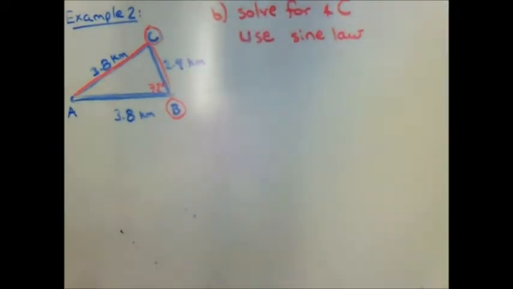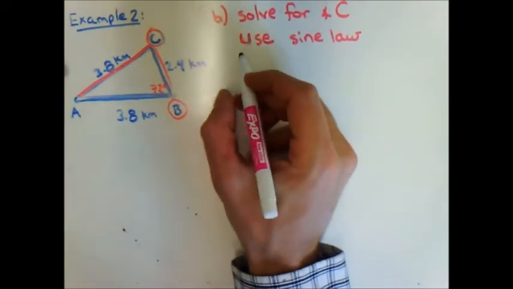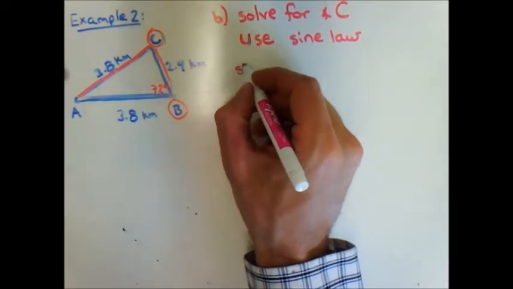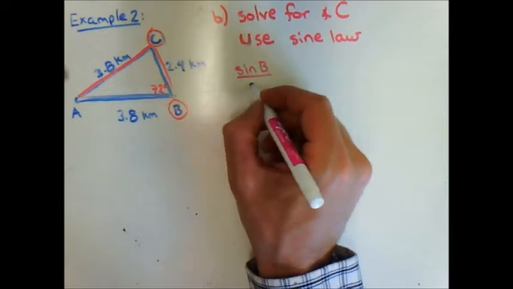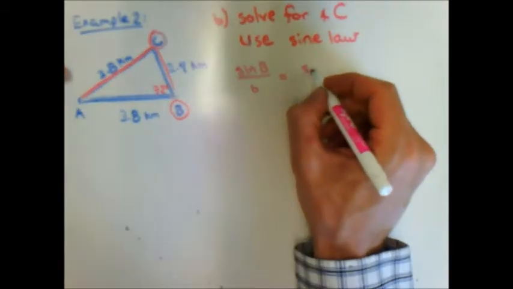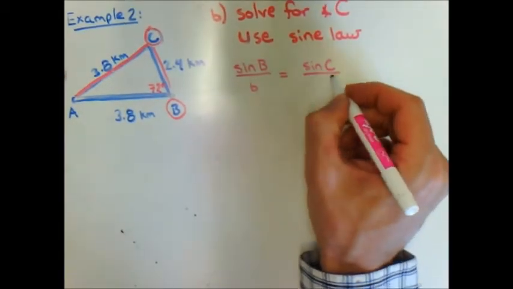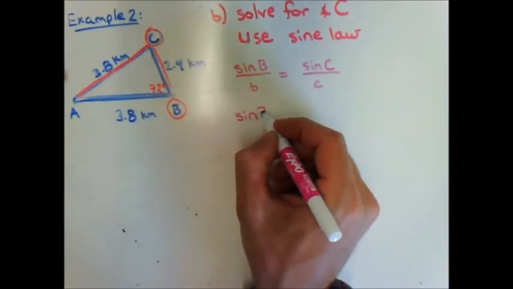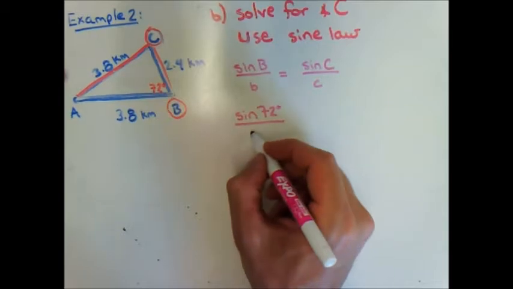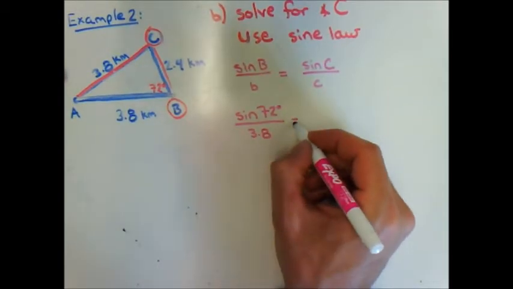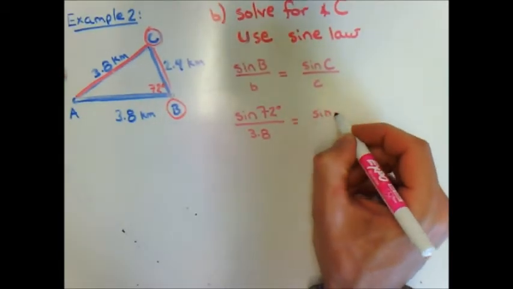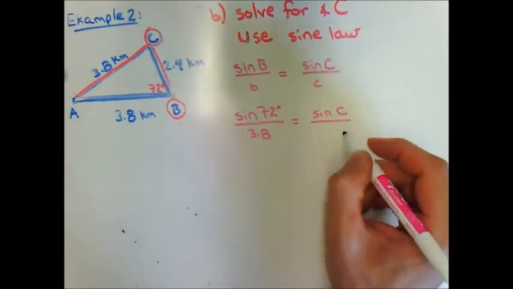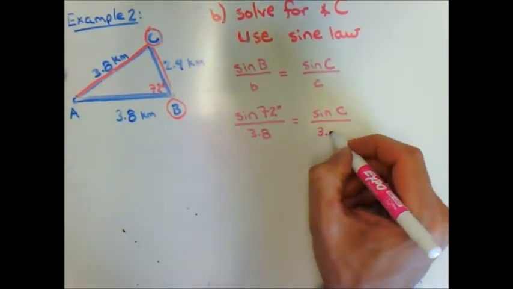Sine law is a little bit quicker and easier to use. We have our given ratio. We've got the sine of B over side length B. We're solving for the sine of C. That's going to be over side length C. Sub in what we know. Sine of 72 degrees over 3.8 is equal to the sine of C, which is still unknown, over 3.8.